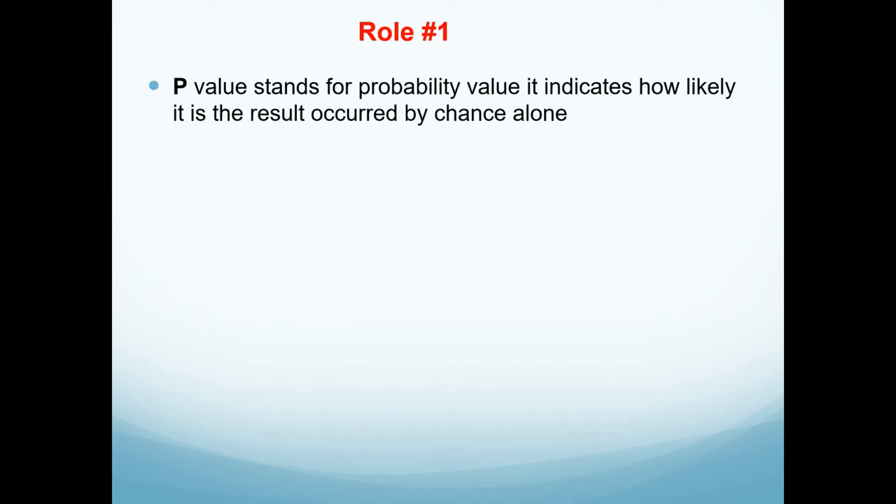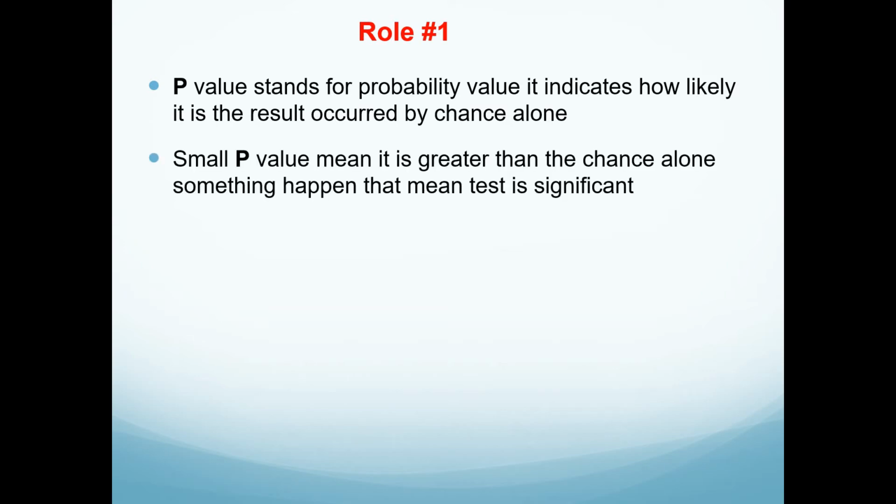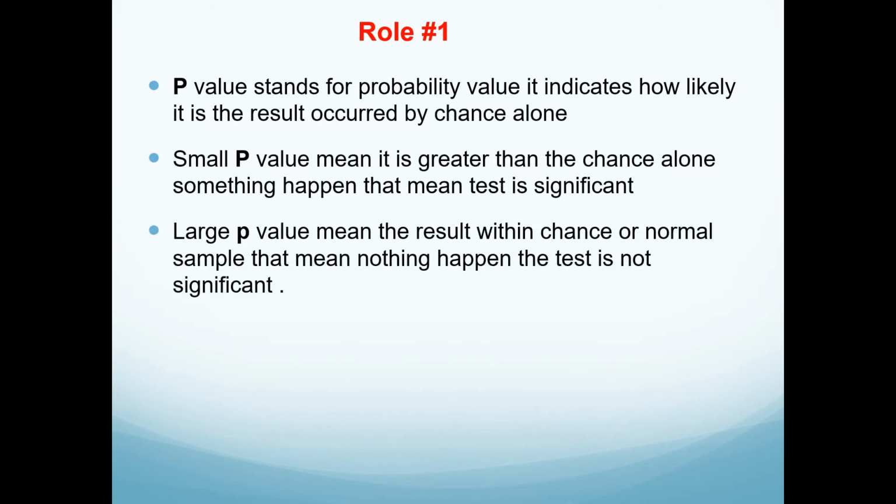Rule number 1, revising the p-value. The p-value stands for the probability value, and it indicates how likely the result occurred by chance alone. Remember that a small p-value means the result is greater than chance alone. Something happened. That means the test is significant.